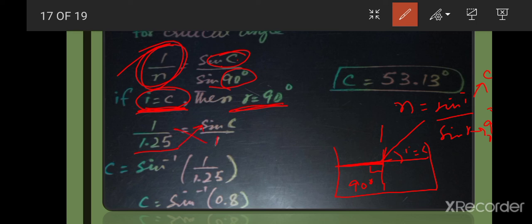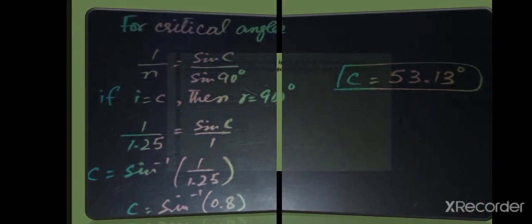Cross multiplication gives us c equals sin inverse of 1 by 1.25. You can easily solve it from a calculator, it will come out to be 53.13 degrees. So the critical angle in this case is 53.13 degrees.